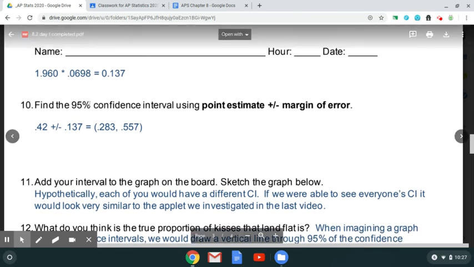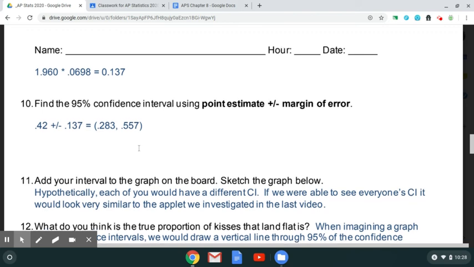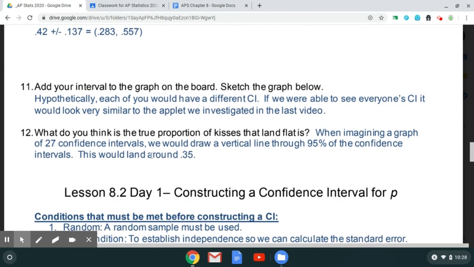So to find the 95% confidence interval, we're going to take the 0.42. Remember, that was your point estimate, plus or minus your margin of error. So that gives you your confidence interval. Now, if we were all doing this together, we would have a nice graph. We would put intervals on the board, and hypothetically, each of you would have a different confidence interval.